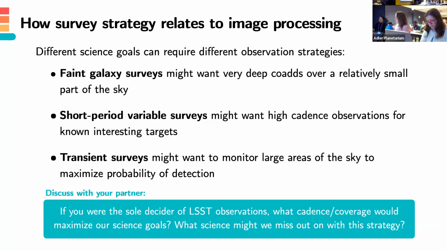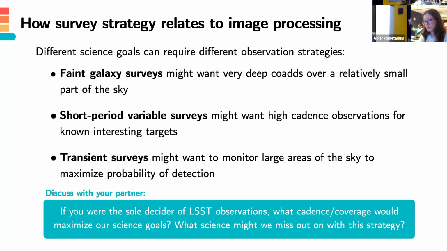For our last discussion question, I would like you to discuss with your partner: if you were the sole decider of all LSST observations, what cadence and coverage would maximize your specific science goals?